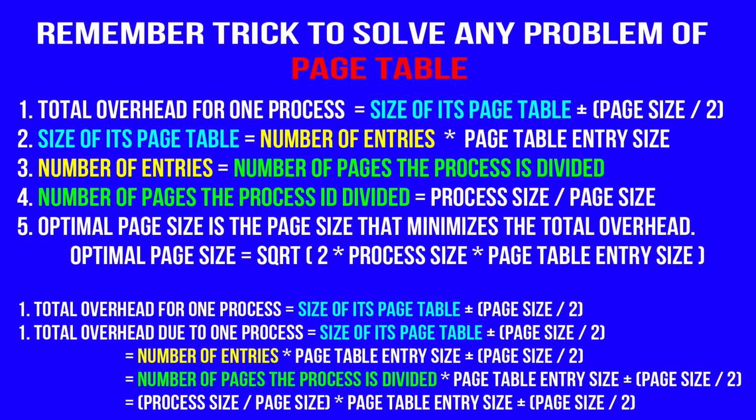Number of entries is also given in formula 3: number of pages the process is divided into, into page table entry size, plus page size by 2. And number of pages equals process size by page size, into page table entry size, plus page size by 2.